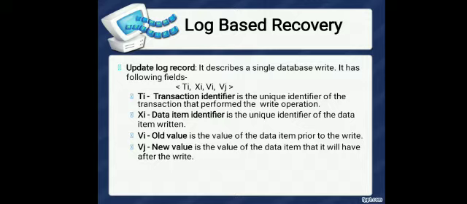The data item identifier, Xi, is a unique identifier of the data item written, otherwise known as the location of X. The next one is Vi, the old value. It is the value of the data item prior to the write operation, that is before the transaction's write operation. Vj is the new value. It is the modified value of the data item after the transaction's write operation.